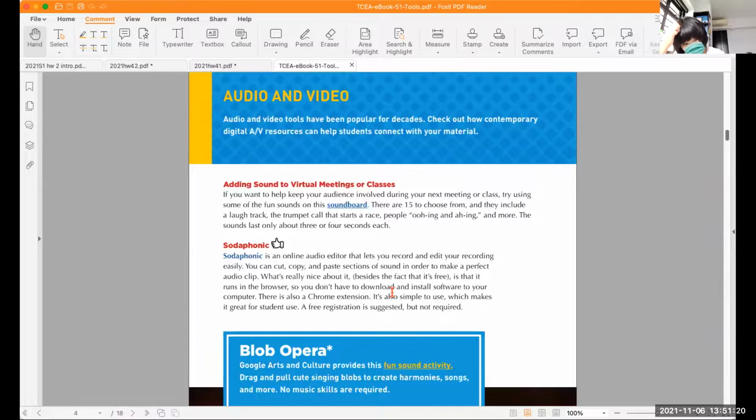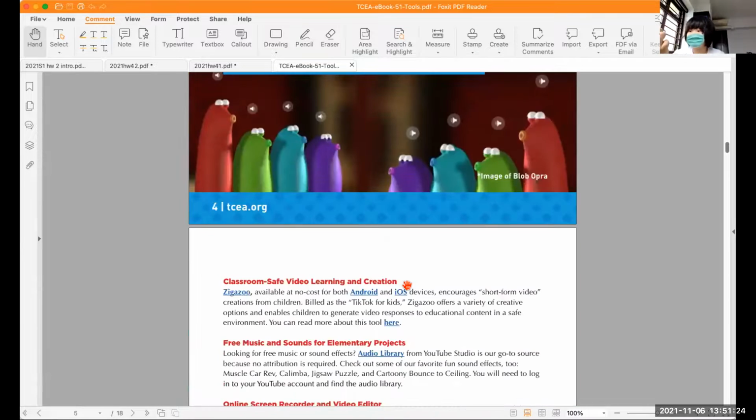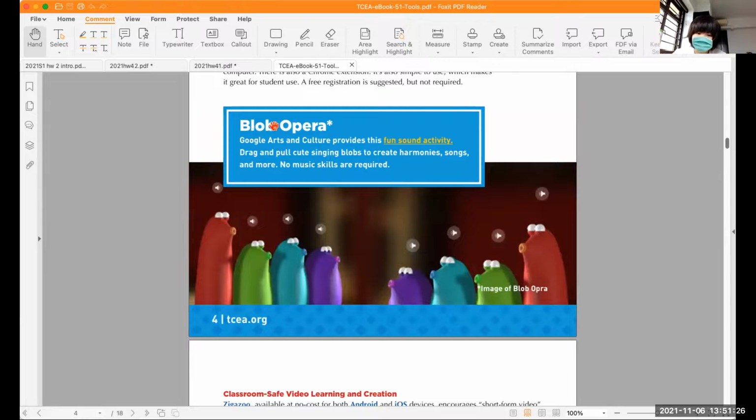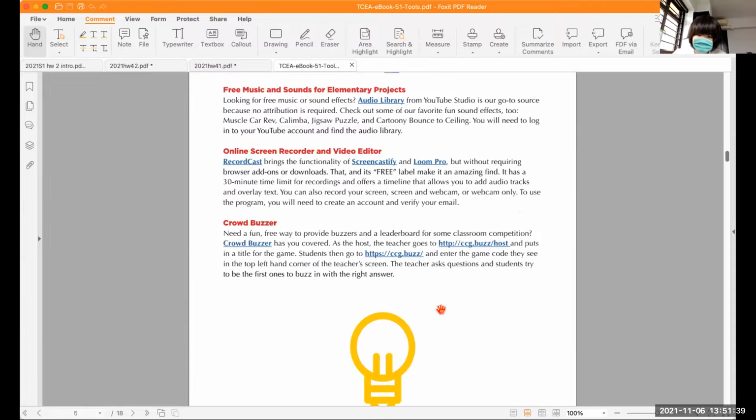You can add audio, you can add video, or you can just play with it. This one, I like it particularly, Blob Opera. You just drag it, then you can create sound. So you can have some fun sound activities. I share it with you, so go ahead and play with it. It's much, much more interesting than your brother doing magic.